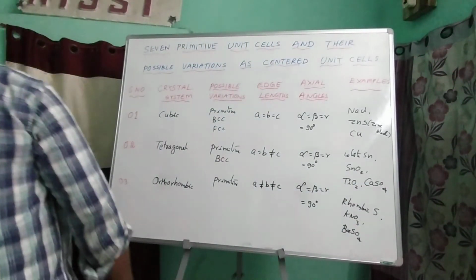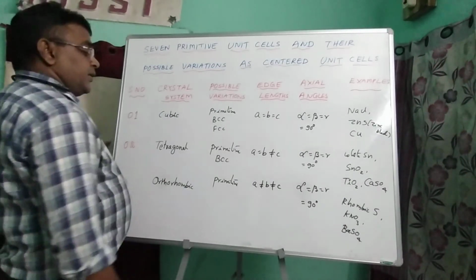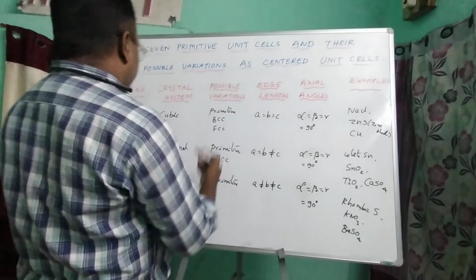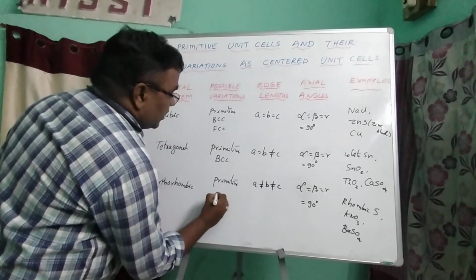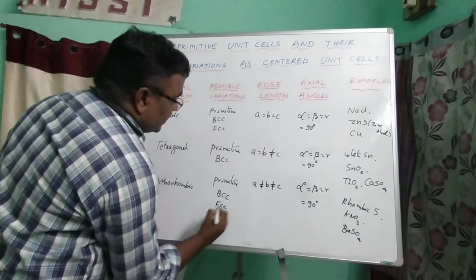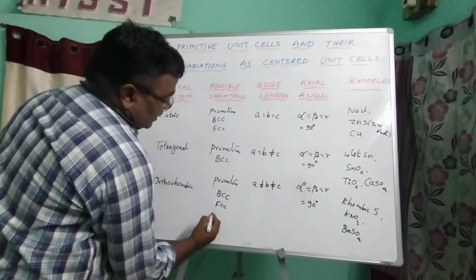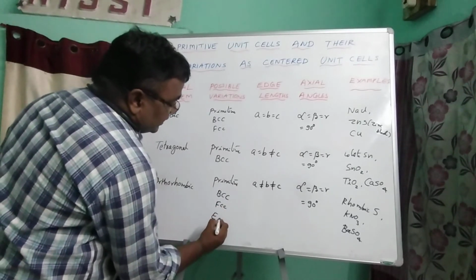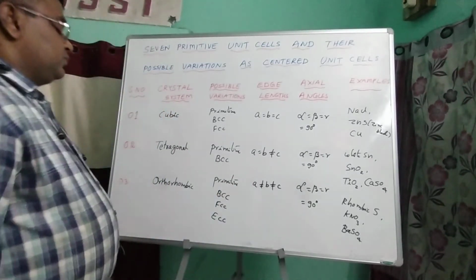The third one is orthorhombic. Possible variations: primitive, BCC body centered, FCC face centered, and next one is ECC, end centered crystal unit.